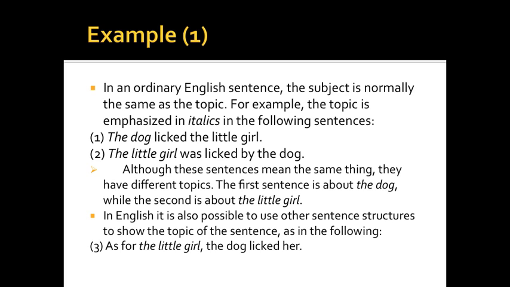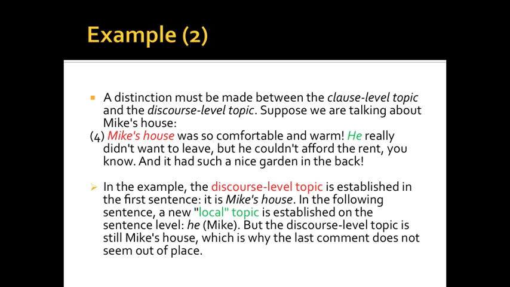In English, it is also possible to use other sentence structures to show the topic of the sentence, as in sentence number 3: as for the little girl, the dog licked her. The distinction must be made between the clause level topic and the discourse level topic.